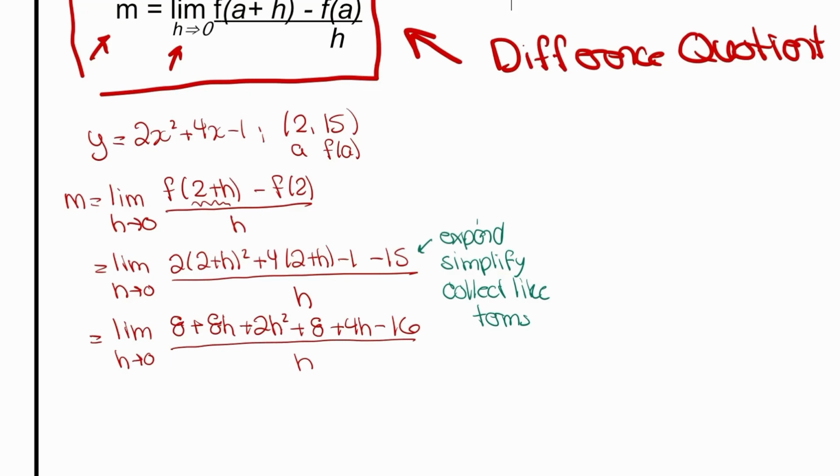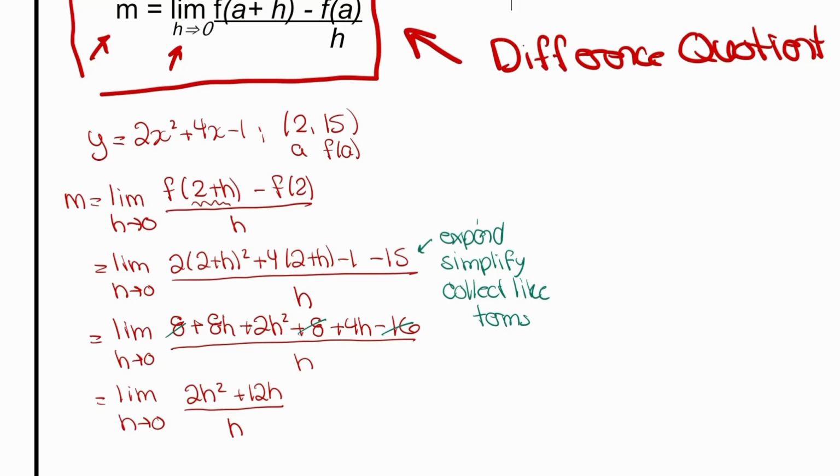So now if I take a look at this, I can see that this 8 and this 8 total a positive 16, which allows me to eliminate that minus 16. When I collect the like terms, that leaves me with the limit as h approaches 0 of 2h squared plus 12h all over h.